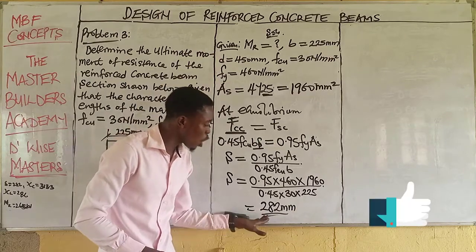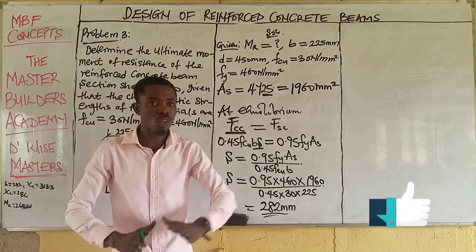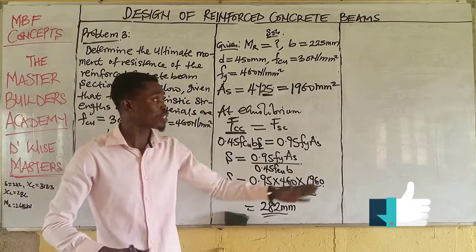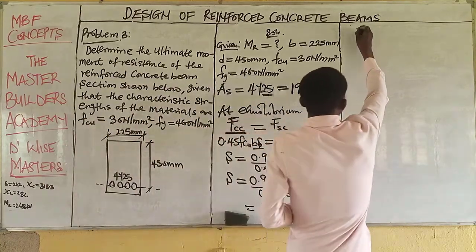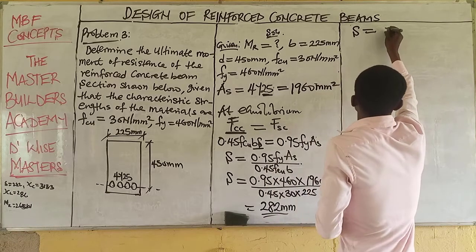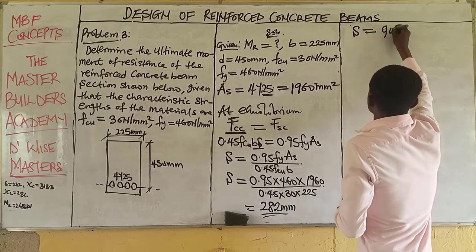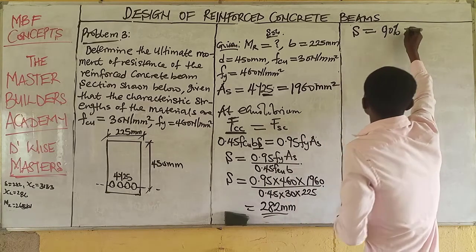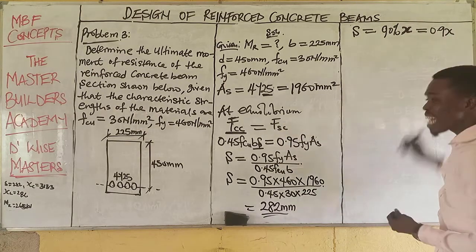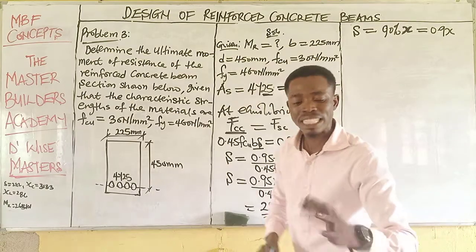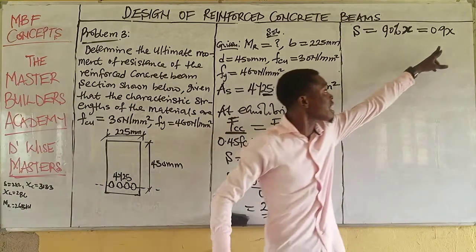Now that we have successfully obtained this, there is a limit to the depth of concrete at the compression zone, which we are quickly going to calculate. Now we know that the depth of concrete at the compression zone is 90% of the neutral axis, and this is the same thing as 0.9x. Now we will quickly evaluate the depth of the neutral axis x.